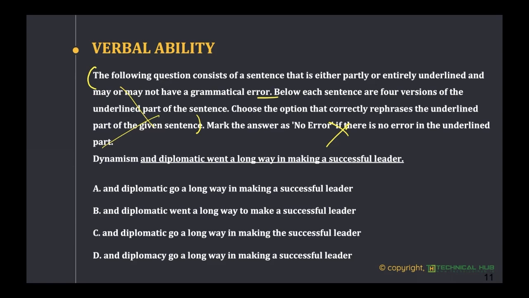You cannot say dynamism and diplomatic person. For a noun, you should always join with an adjective. See, dynamism, man. That means it's the noun we are talking about. Now, diplomatic. He's a diplomatic person. That means again it's a noun. But here you have to use diplomacy. It is an adjective. When you add the noun plus adjective, then it becomes a right way of the sentence.